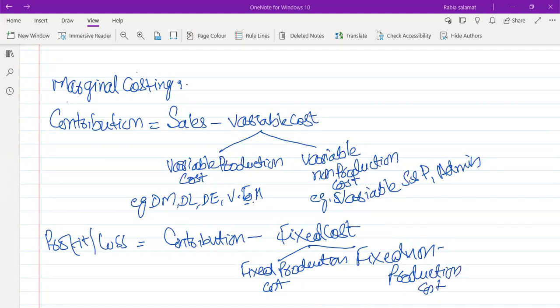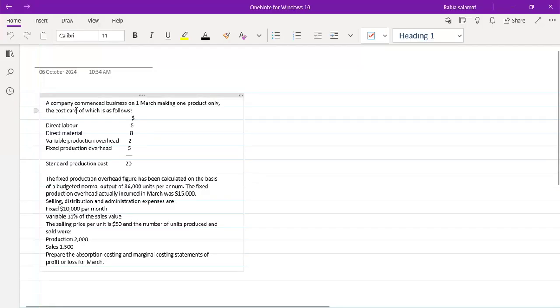Okay. Now we will discuss the practice question on it. A company commenced the business on 1st March, making one product only.